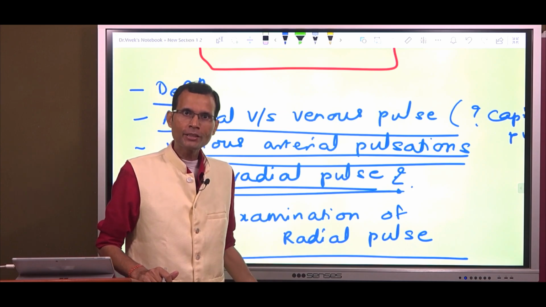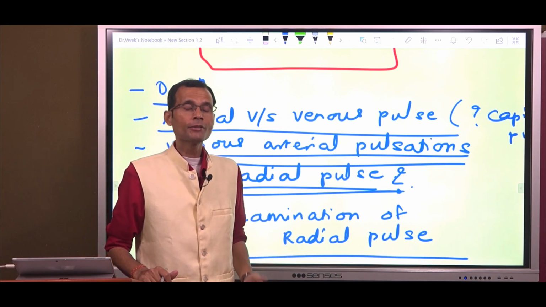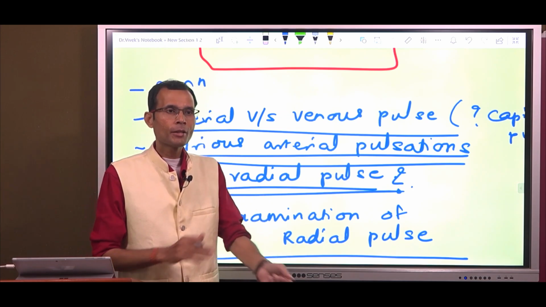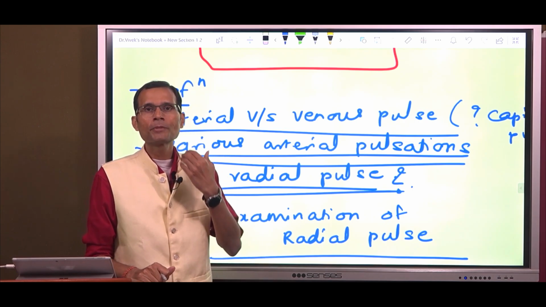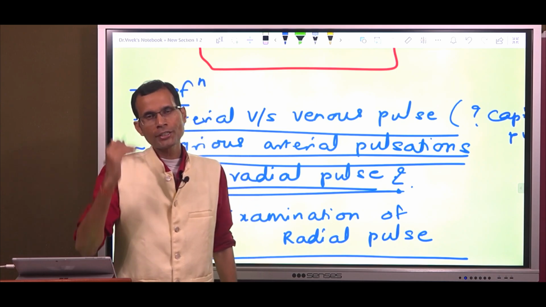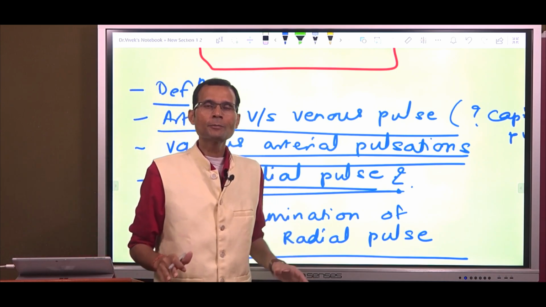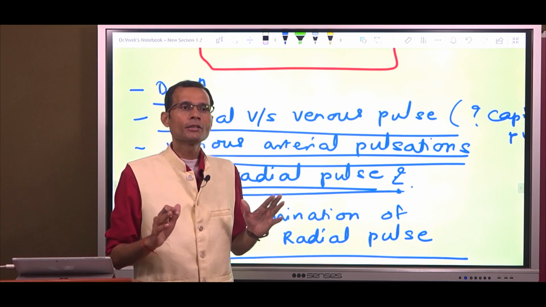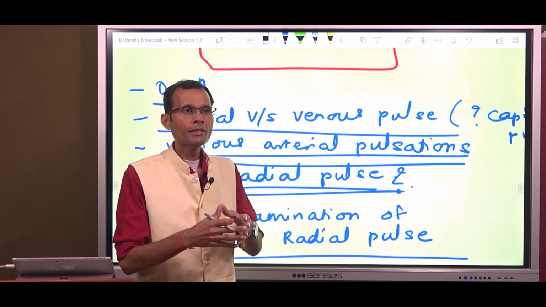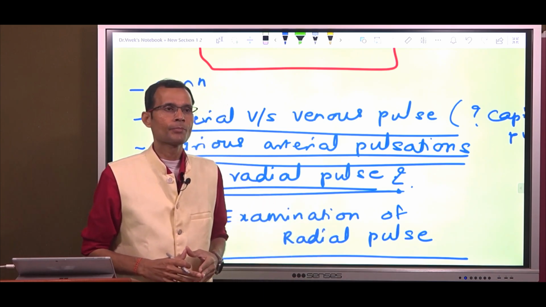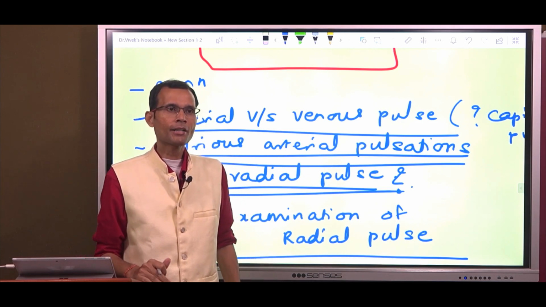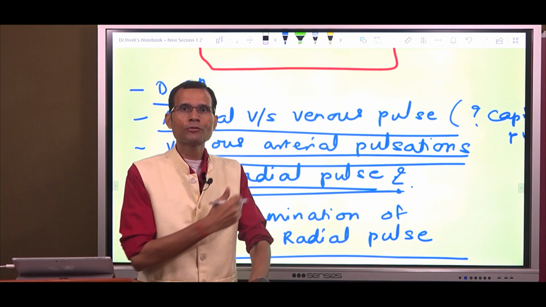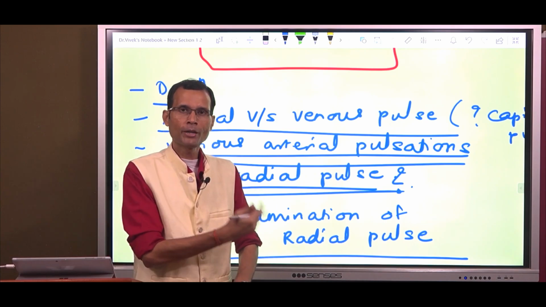Then the popliteal artery, femoral artery, then brachial artery, radial artery, carotid artery, superficial temporal artery. So, these pulsations are commonly felt in various clinical setups. For example, you will need to check the brachial artery before measurement of blood pressure by sphygmomanometer.